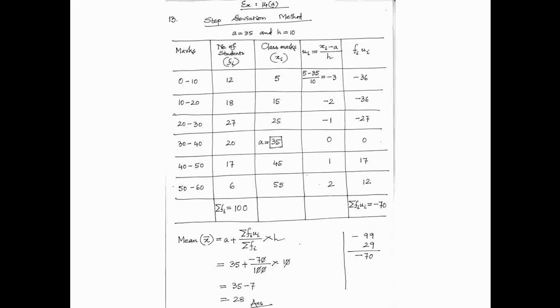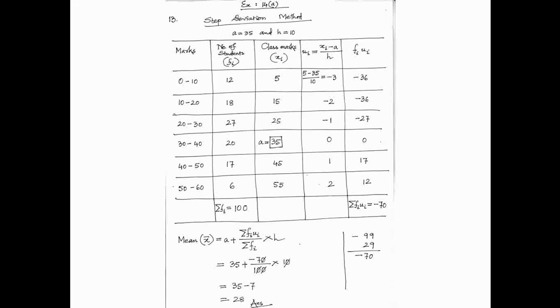So from the beginning, you choose 5, 15, 25. How many? 3. The next one, that means 3 plus 1, 4. So the fourth one you have to choose, you have to assume. So I have marked a equal to 35, and on the top of the table it is written a equal to 35.